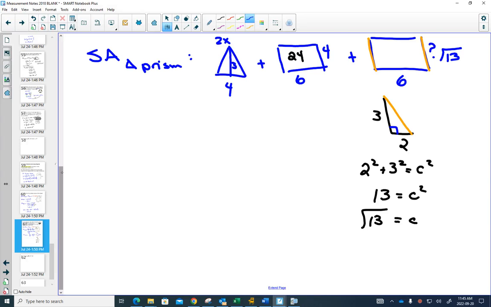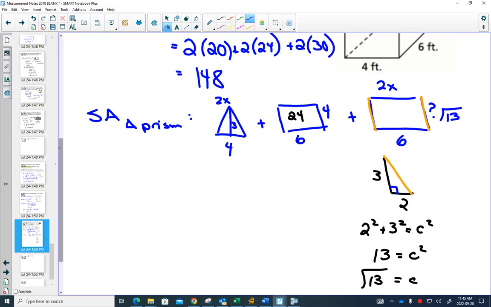And the area of this rectangle will be 6 times the square root of 13. Maybe I'll do that on my calculator. 6 times the square root of 13. 21.63.